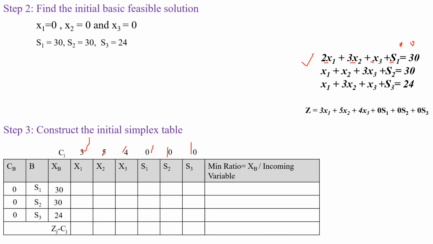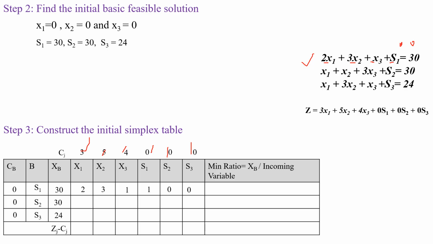Then I have to substitute these coefficient values in the s1 row. Next observe the second constraint equation.